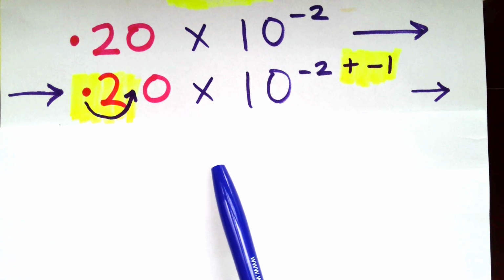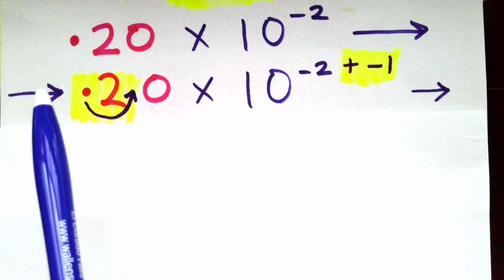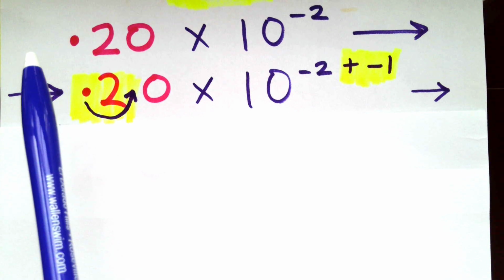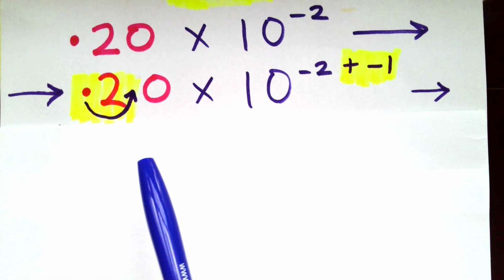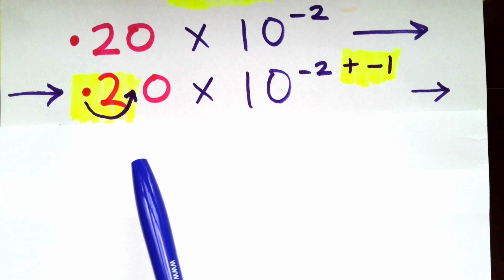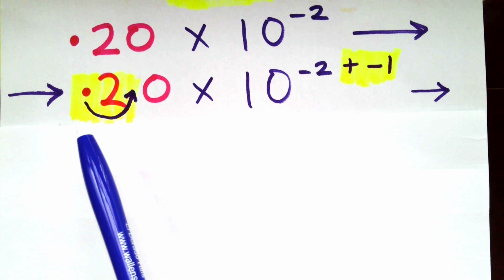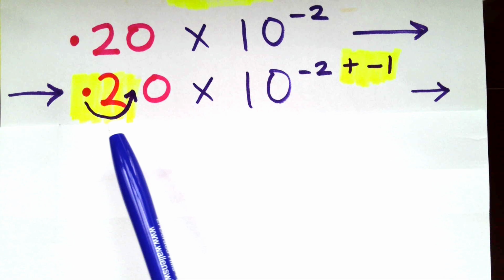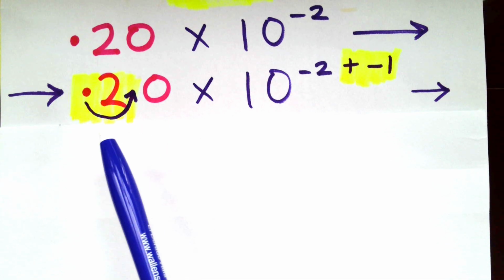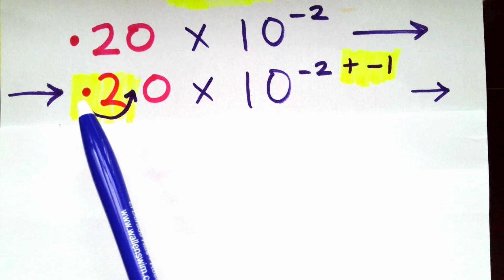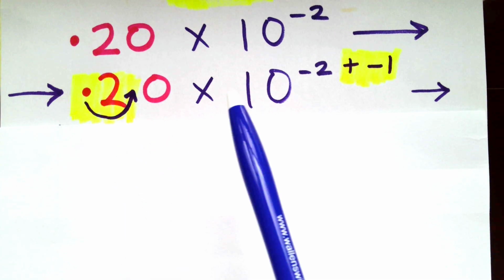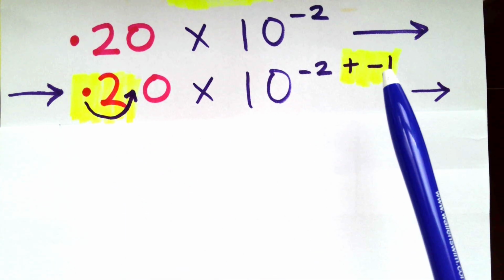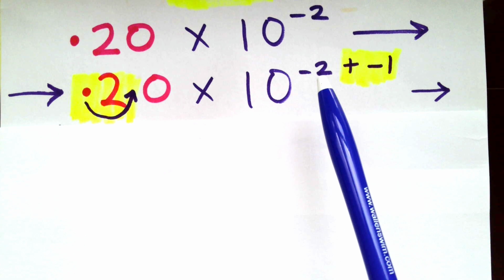No. Now I have to move this decimal. If I moved it to the left, it would be 0.020. It makes this number even smaller, or further away from 1.0. So I'm going to move the decimal to the right.